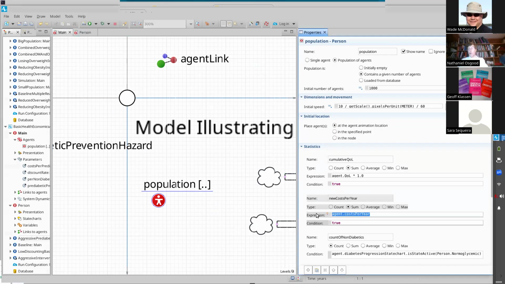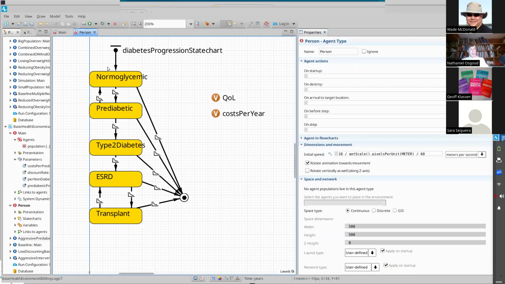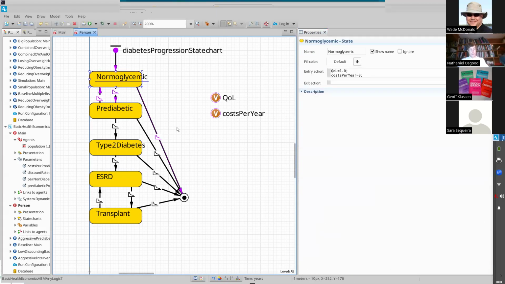And what do we do? Well, we total up across the agents in the population. Not one for each agent, which would just be their population size. We don't total up their quality of life. We total up their cost per year. Well, where's that characterized? Well, we saw where it's characterized. It's their cost per year.